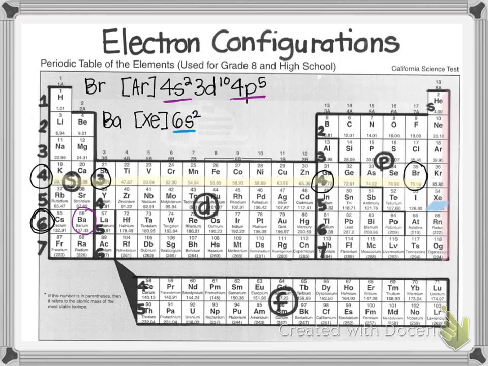Now I'm going to go up to the top of the table so you can see one that's up higher. Let's do, what if we did phosphorus? For phosphorus, you would have to look at the noble gas in the period before it. So phosphorus is in period 3, so you would have neon as a bracket.